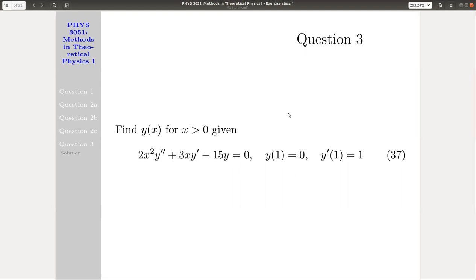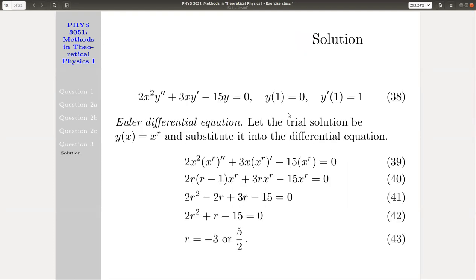And for this type of differential equation, the solution will take the form like this. It is just a power of x. So we just let the trial solution be x to the power r, and then we solve for r here. You can just substitute the solution into the ODE and do the derivatives.